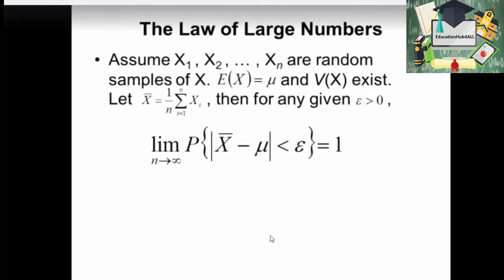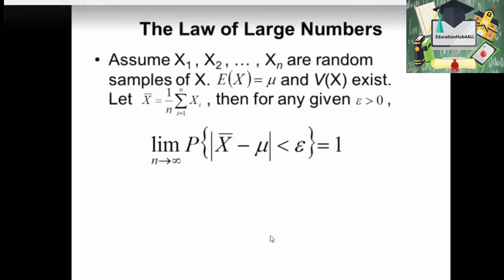There are two laws in statistics I think you should realize. First is the law of large numbers. For any distribution, whether normal or not, this law tells us the sample mean is always a good estimate of the population mean.